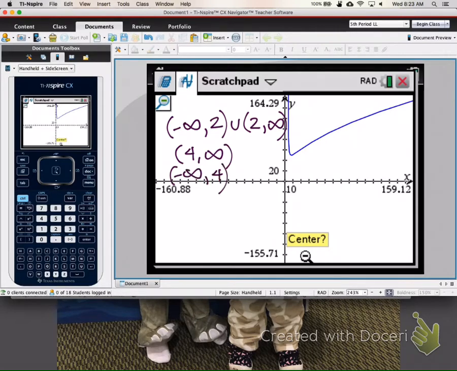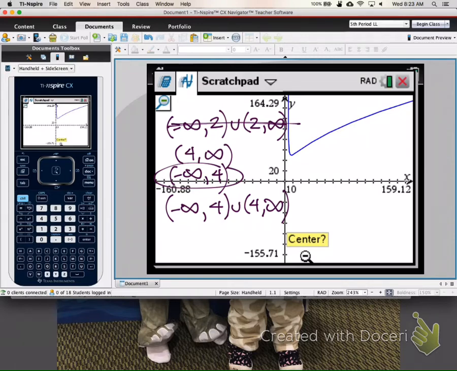You could have that as an answer. So it should help you like eliminate some of those. We know the first one is negative infinity up to 2, just skips 2 and goes out to infinity. Well, clearly I don't have another half over here, right? So that couldn't be my answer. This one is from negative infinity up to 4. Well, we clearly don't have anything in the left side of the graph there.